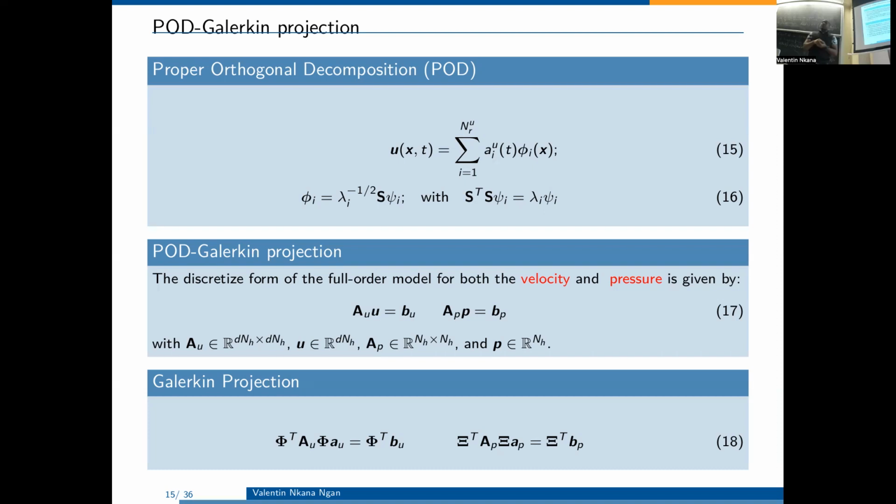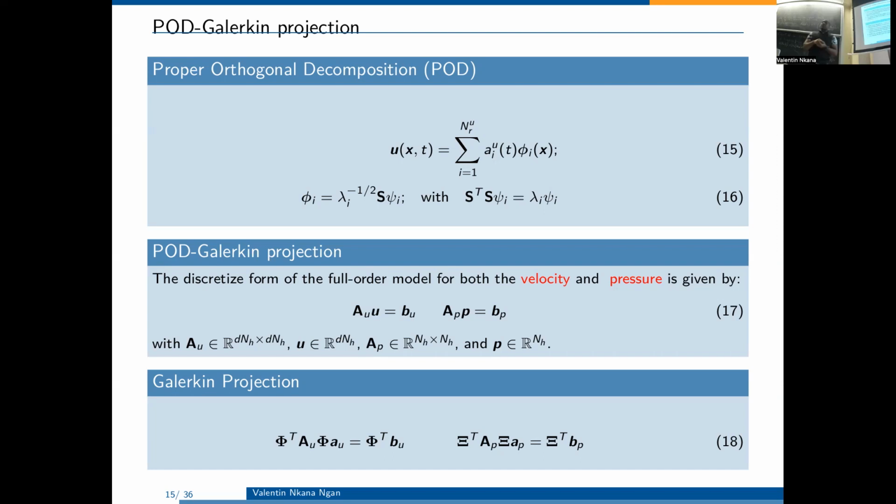As you can see, the linear system on U is really high dimensional, so it lives in a high dimensional space. And also the linear system of the pressure. And Lh here is the number of degrees of freedom in the mesh. So for example, in finite volume, it is the number of cells present in the mesh.